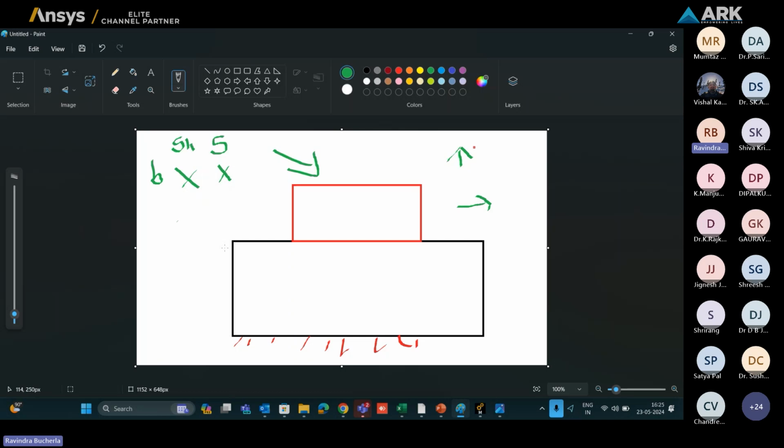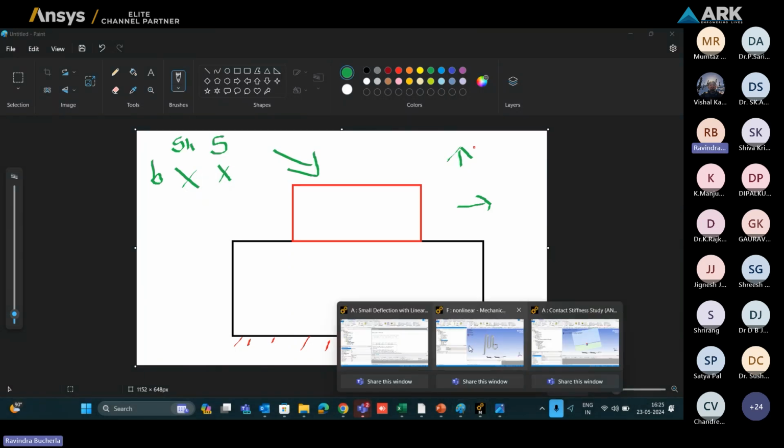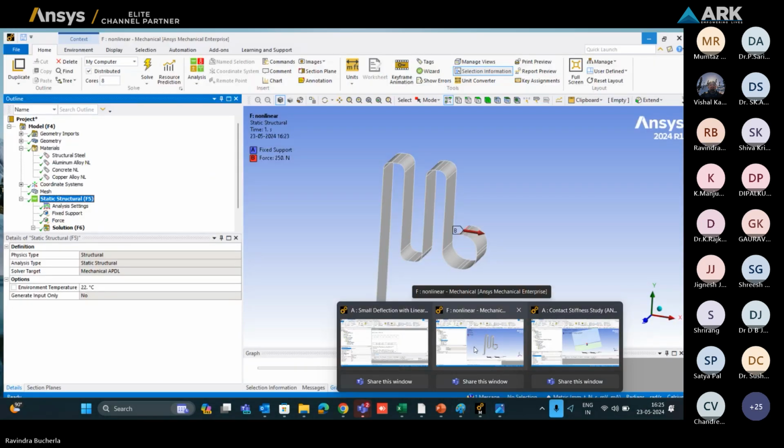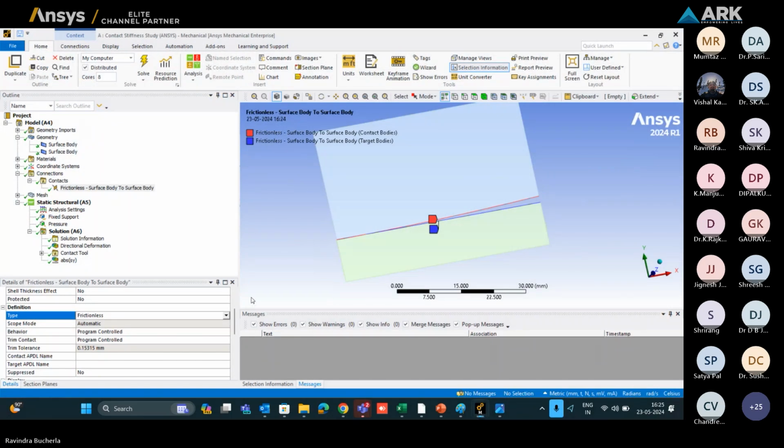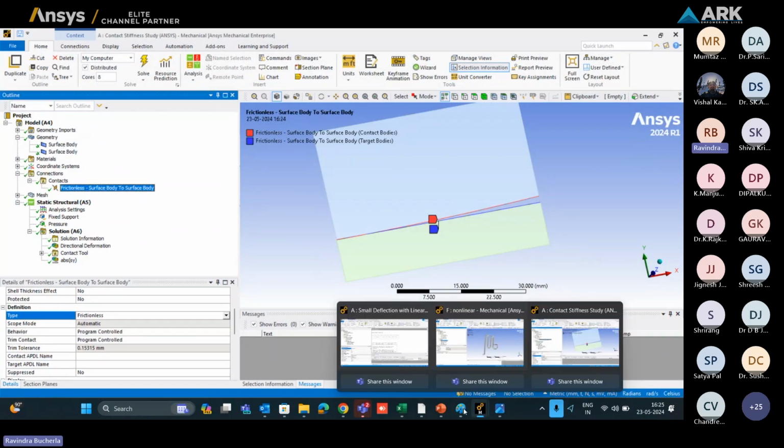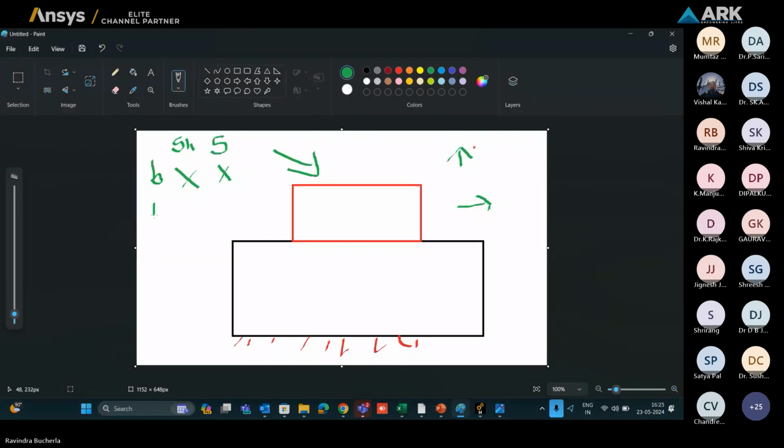Similarly, there is one more contact called no separation. No separation means these two bodies will not separate, but it will allow sliding. Sliding will be allowed, and the point of contact between these two bodies may change.